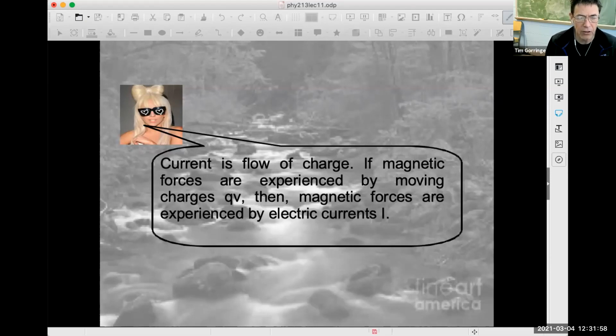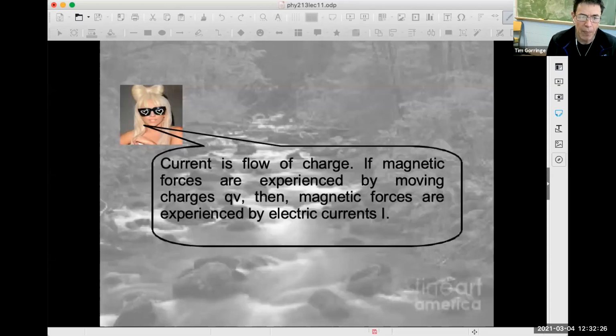Okay, so we're continuing on magnetism from last class. In the last class, we met the fact that moving charges experience magnetic forces in magnetic fields.